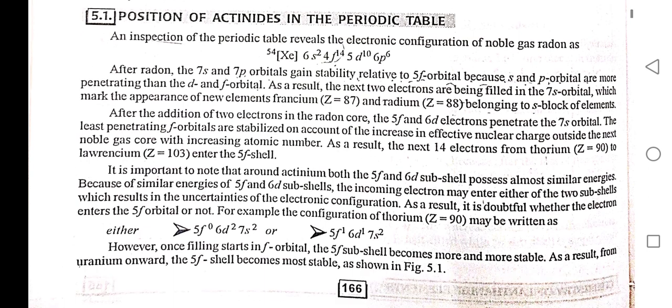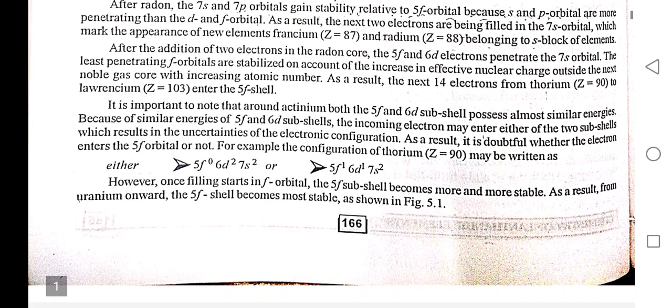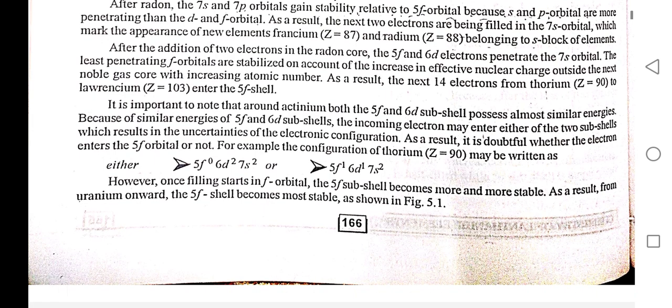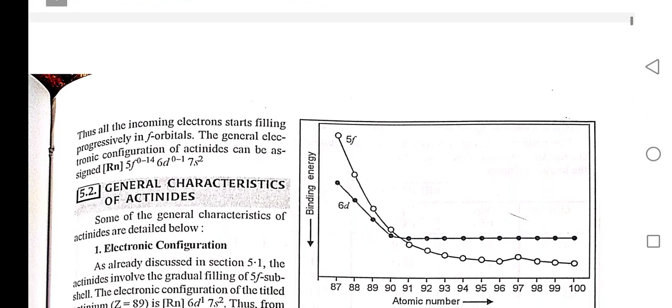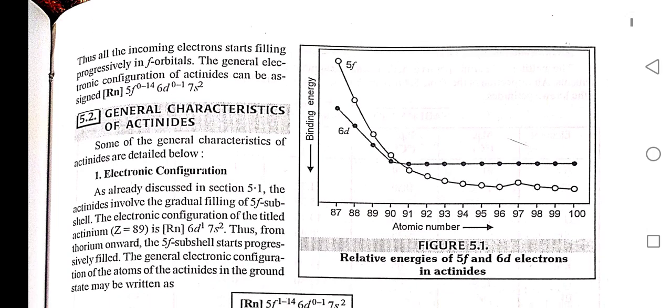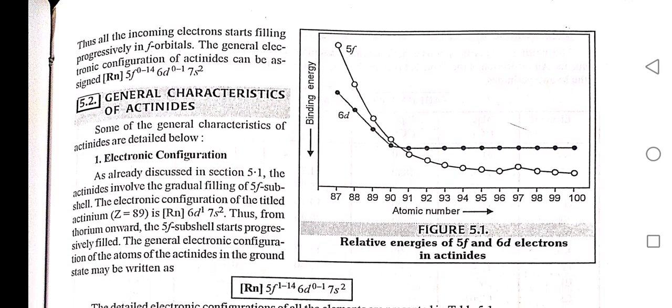However, once filling starts in the 5f orbital, the 5f subshell becomes more and more stable. As a result, from uranium onward, the 5f subshell becomes more stable. Thus, all the incoming electrons start filling progressively in the f orbital.